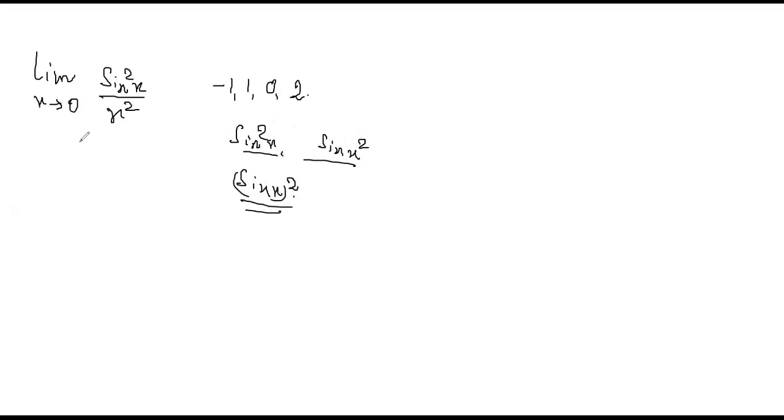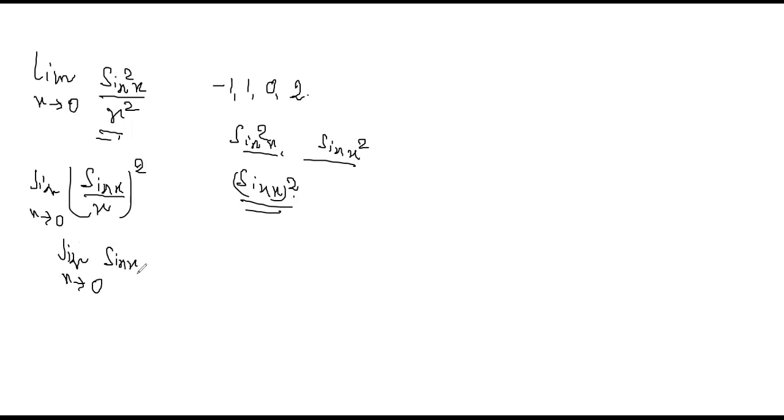So here it is written limit x tends to 0 of sine x by x, whole square. It will be sine x by x, which is 1, whole square, so it will be 1.